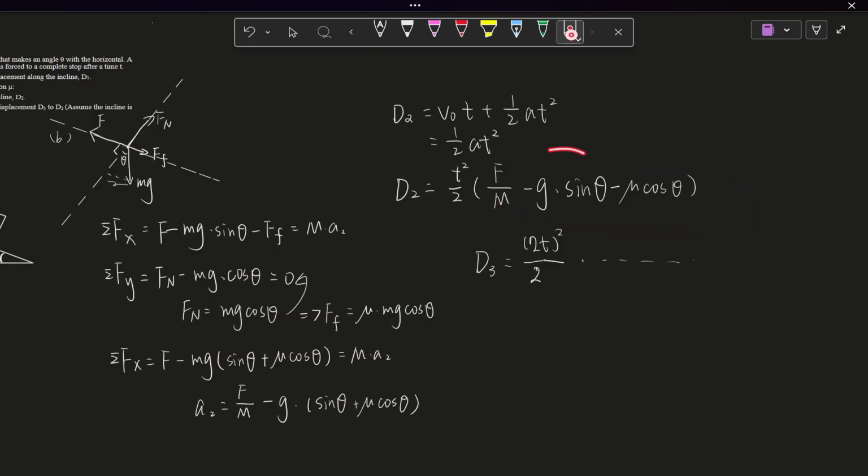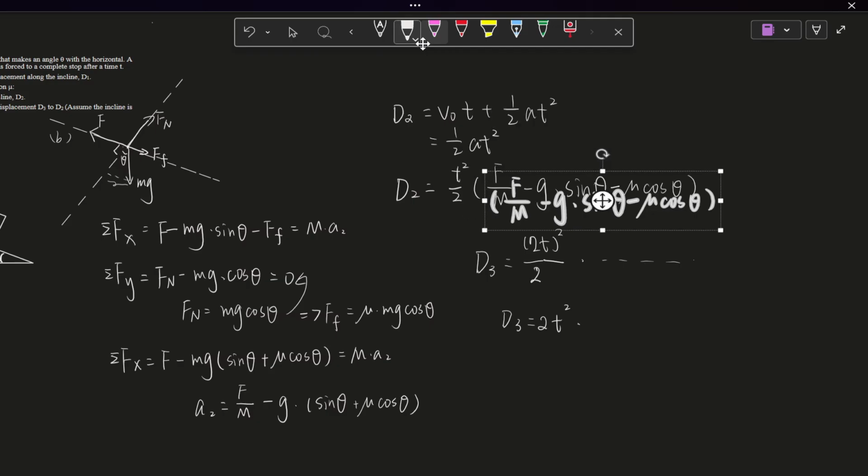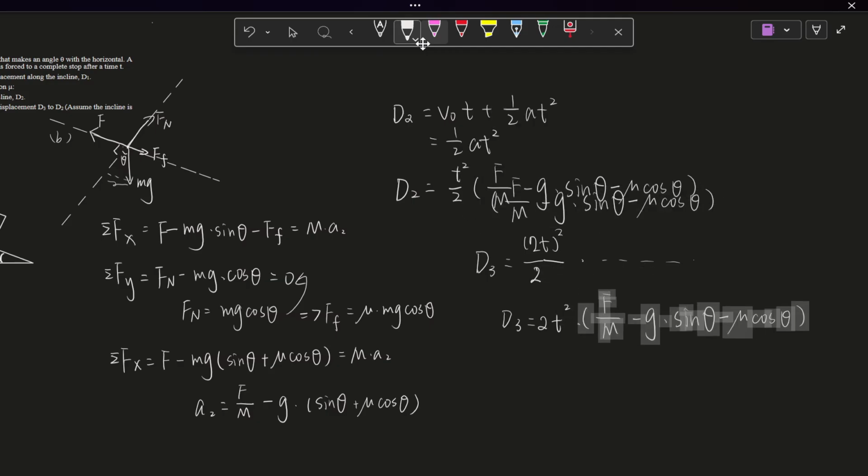We don't need to care about this expression because there's nothing related to t. So d3 will become 2t squared times this long expression, exactly the same.